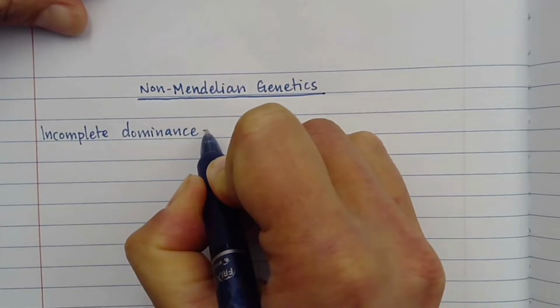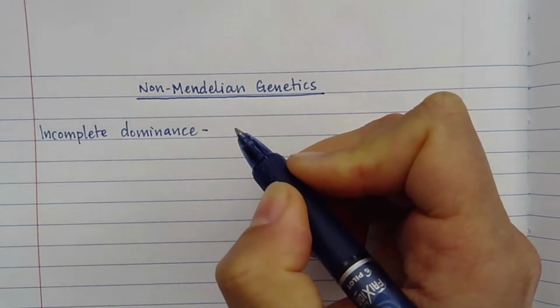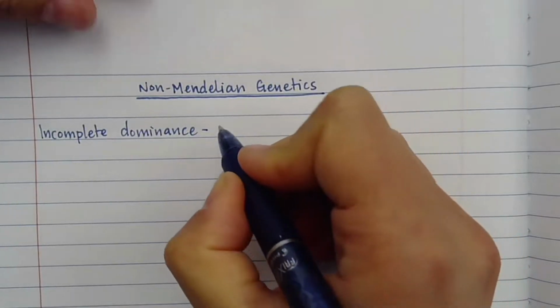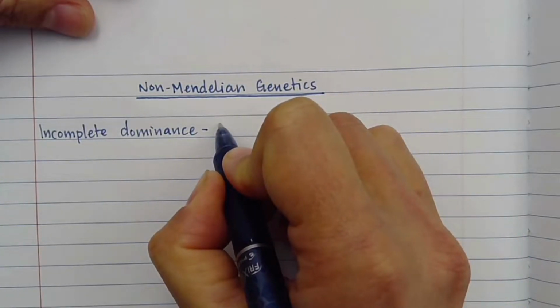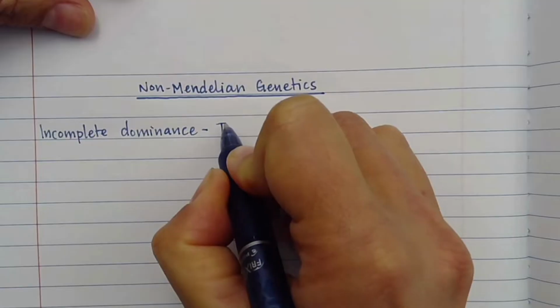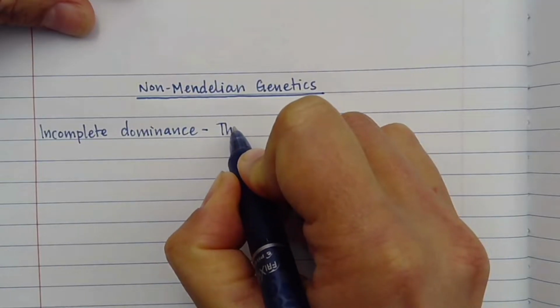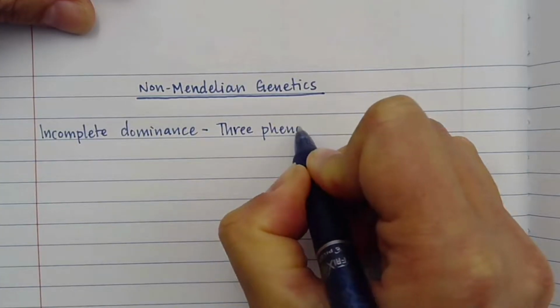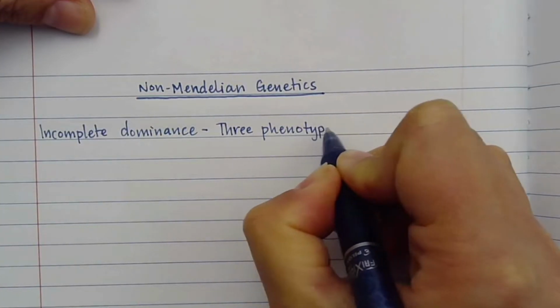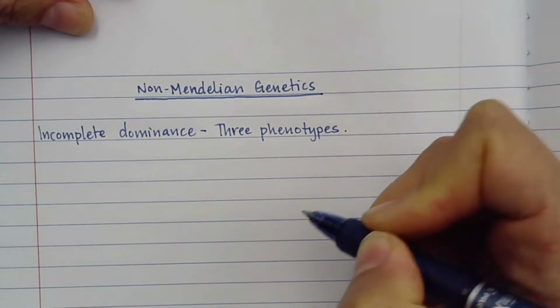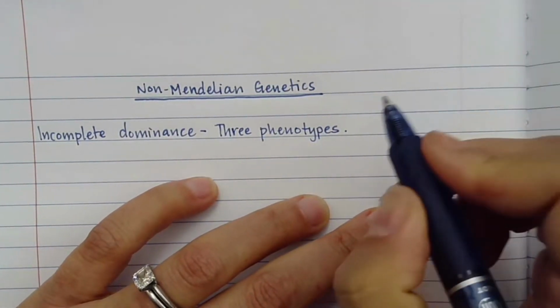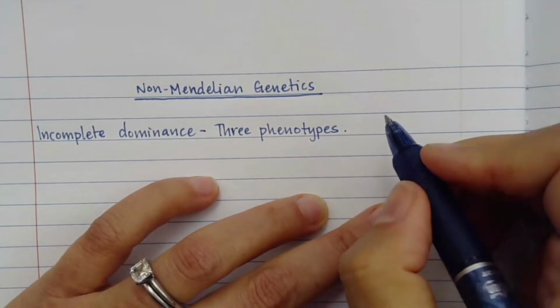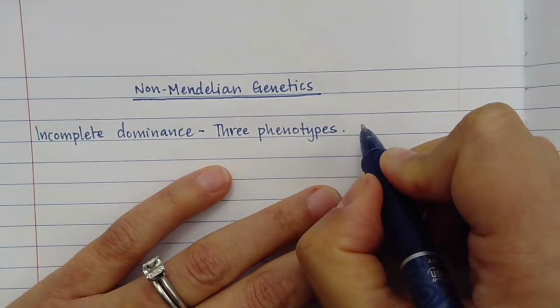In order to identify that something is incompletely dominant, you're going to look and see if, first of all, there are three phenotypes. And the next thing you're going to look for is whether there's a middle version.